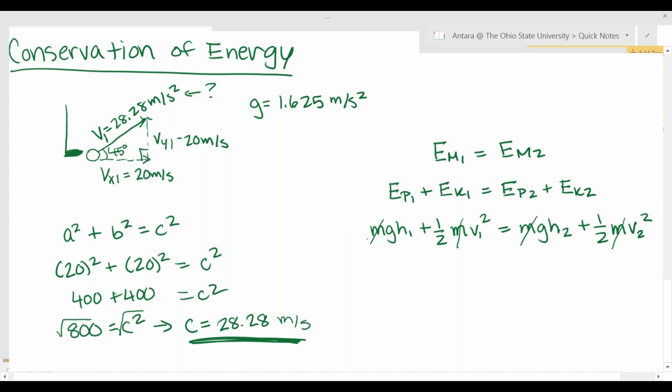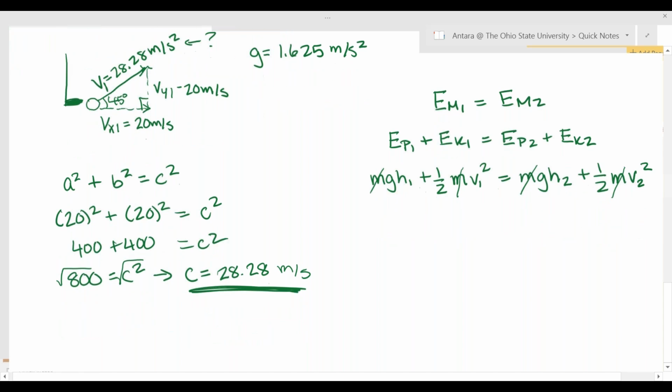But so here, let's look at these individual variables. The initial potential energy, the height H1, is actually 0 meters because it's starting off on the ground. We're hitting the ball from the ground.